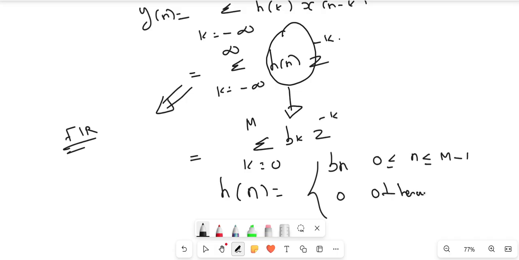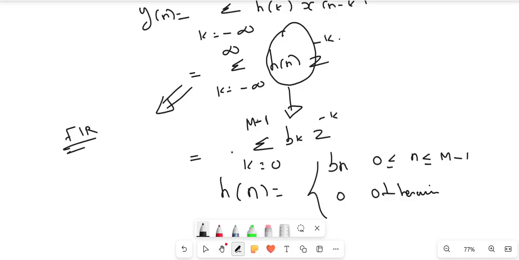This is the convolution formula for FIR. The bk coefficients are equal to the impulse response, with limits 0 to m minus 1. So this is the equation for the FIR system.